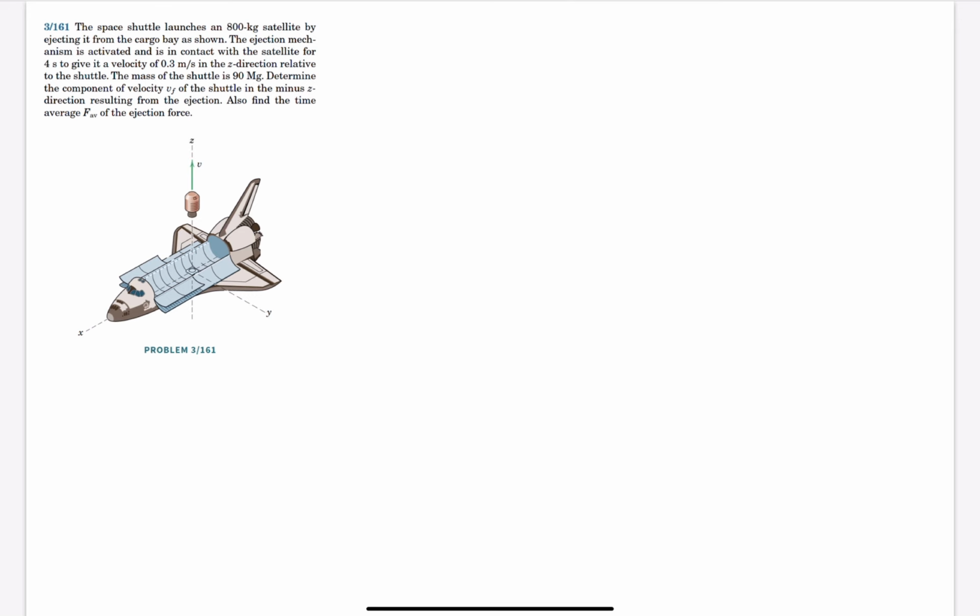Okay, so let's read it together. The space shuttle launches an 800 kilogram satellite by ejecting it from the cargo bay as shown. Okay, so we have our space shuttle, and we have a satellite.